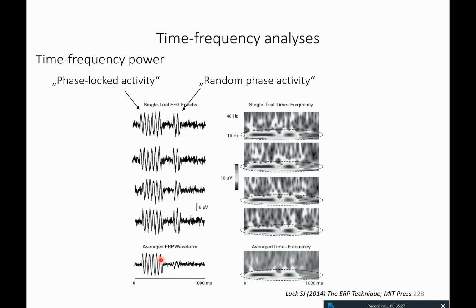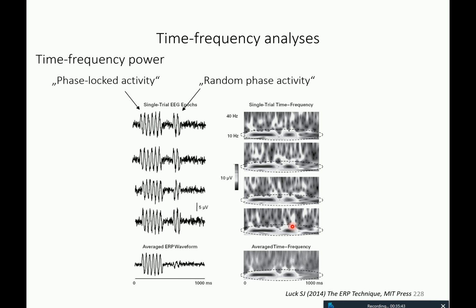Now, talking again about this random phase activity, here you see that this 10 Hertz activity at 600 milliseconds or so, of course, shows up in all of the time frequency decompositions, and then if you average them together, it shows up in the total spectral power.